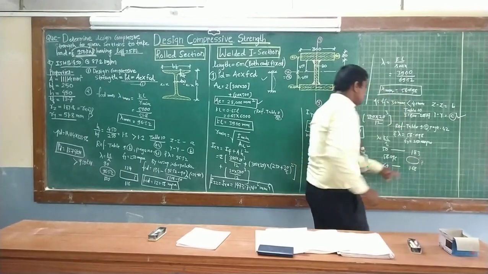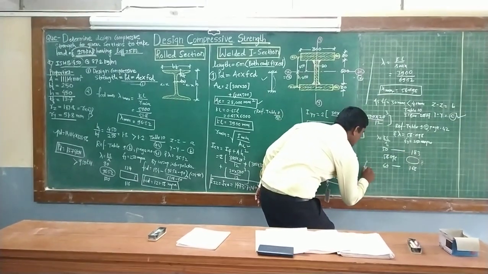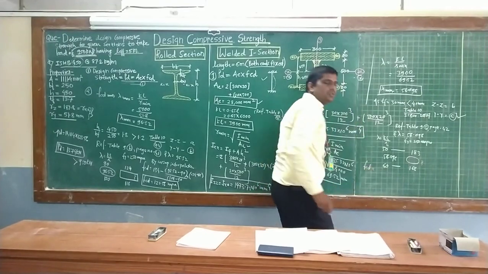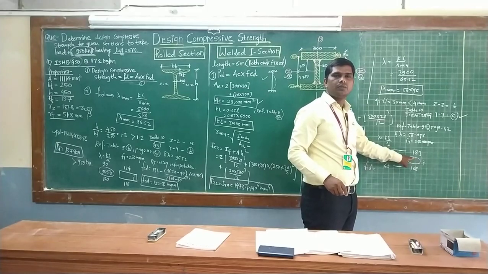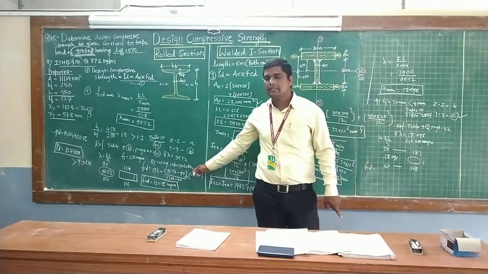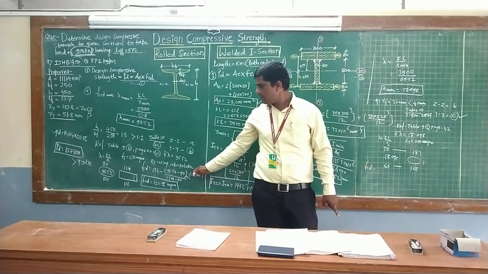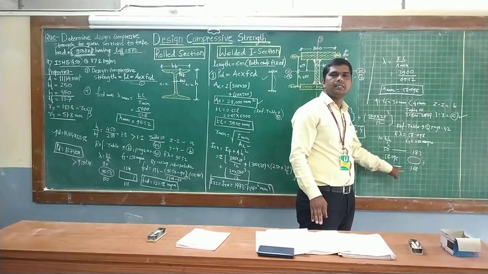So what should be the answer? This value is known as FCD, the design compressive stress. We are going to find this value by using interpolation. We already studied it in the previous numerical example. So how do we find the FCD value by using interpolation?